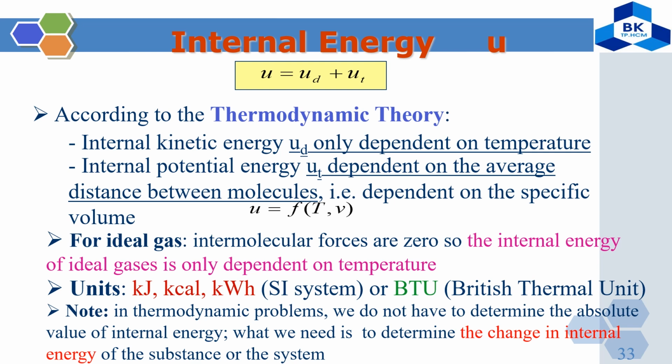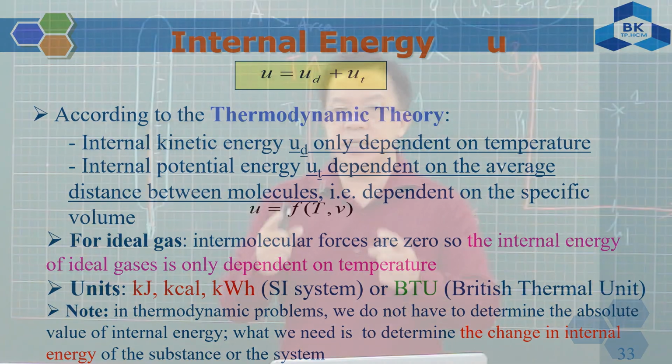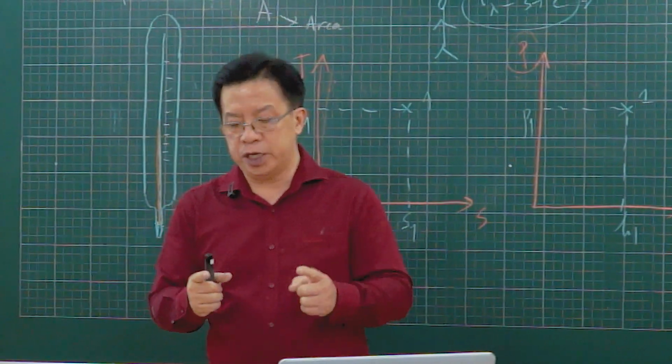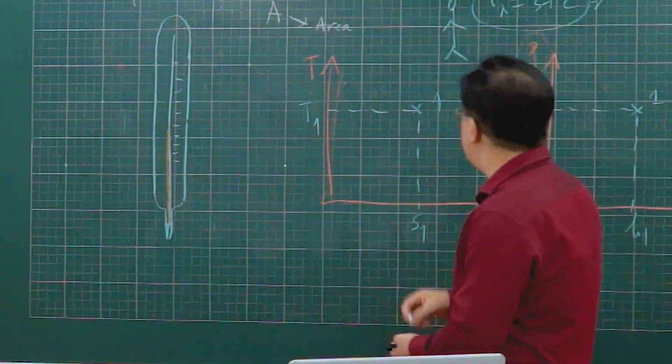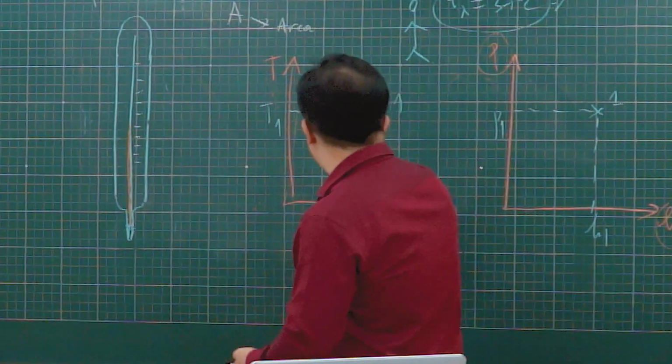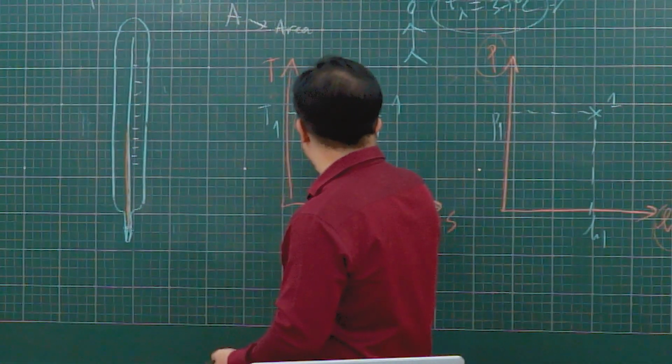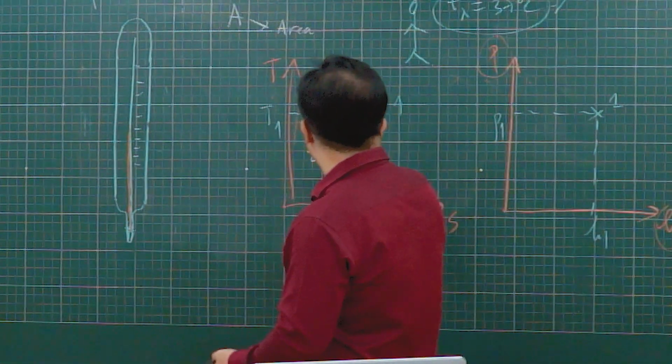And again, in thermodynamics problems, we don't have to determine the absolute value of the internal energy. We just need to determine the difference between the energies. That means we have state 1, and we move to state 2 here.